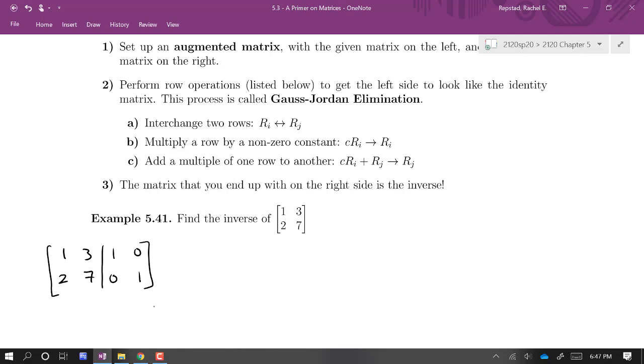We're going to do a bunch of operations, and our goal is that this matrix on the left, we're going to make it look like the 1, 0, 0, 1, make it look like the identity.